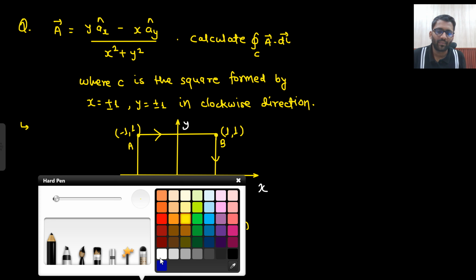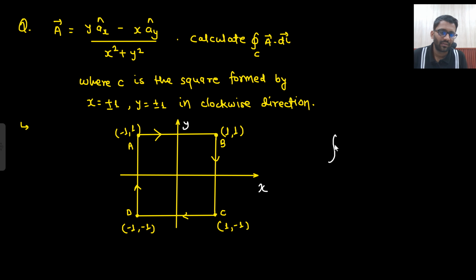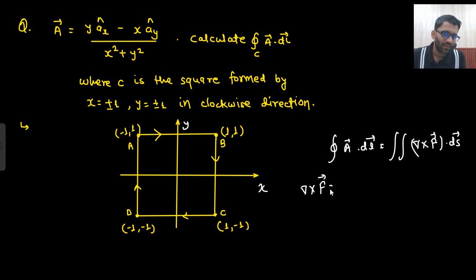So how will I apply the theorem? A dot dl is equal to del cross F dot dS. Then I will calculate del cross F, right? You can calculate del cross F on your own. ax cap, ay cap, az cap, del by del x, del by del y, del by del z.